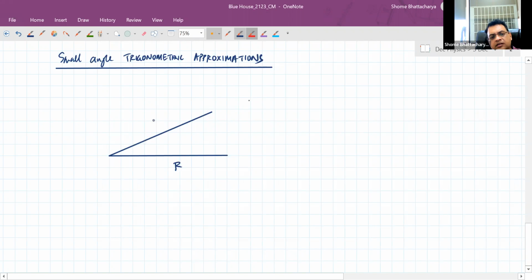Using a radius r, if we trace an arc which is of arc length s, then the angle is simply defined as the ratio of arc upon radius.